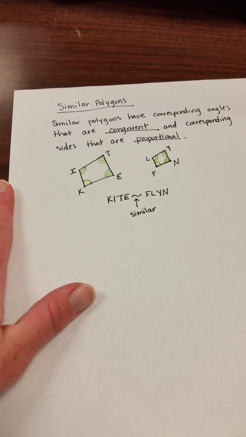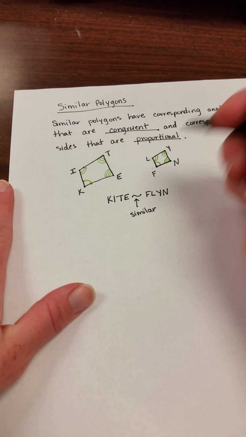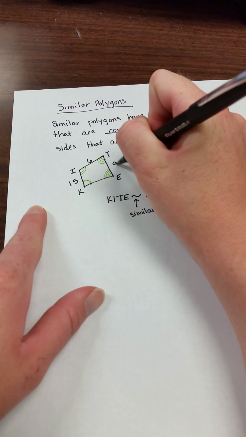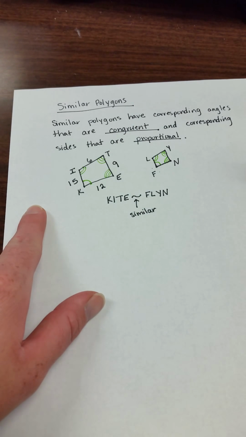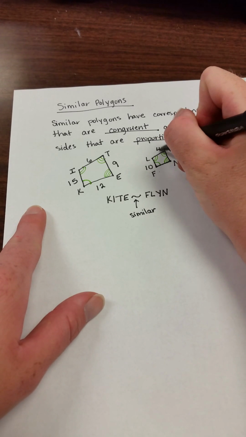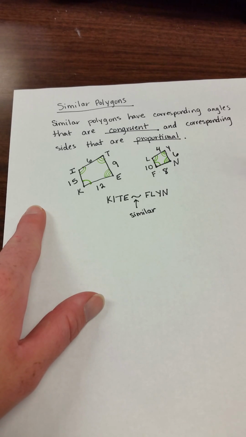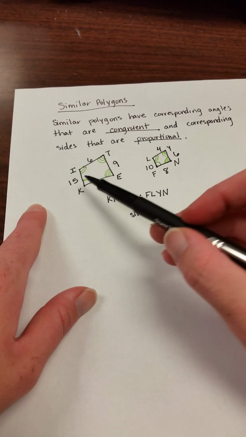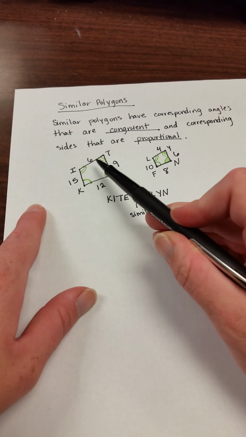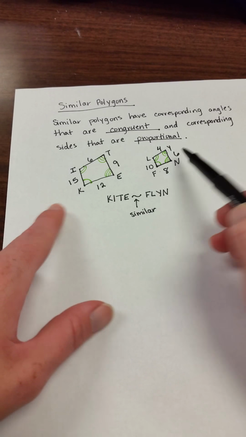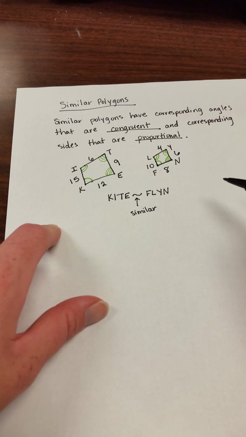So to check that piece out, here's what I want you to do. I want you to add 15, 6, 9, and 12 to that shape. On this one, I want you to put 10, 4, 6, and 8. We're going to match up corresponding side lengths, and we're going to check the proportion or the scale factor of each one to see if it checks out.